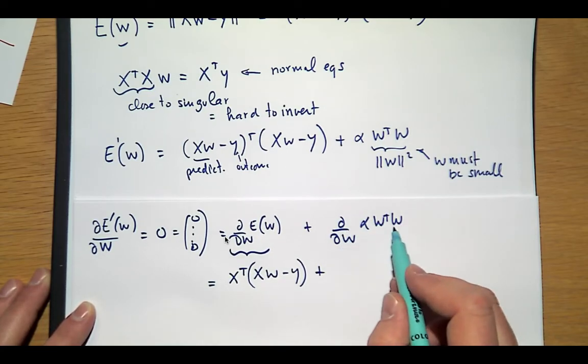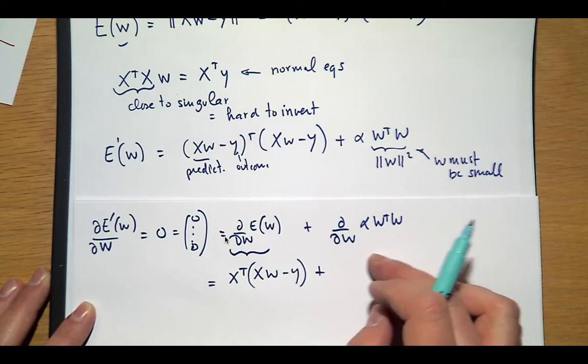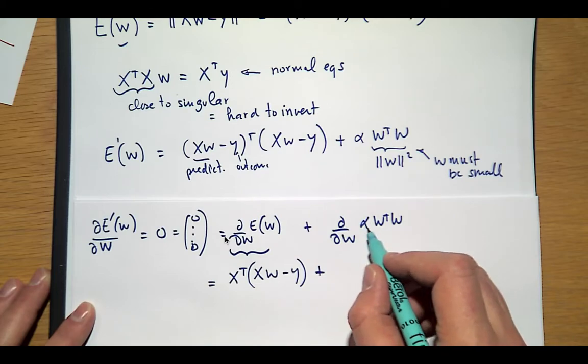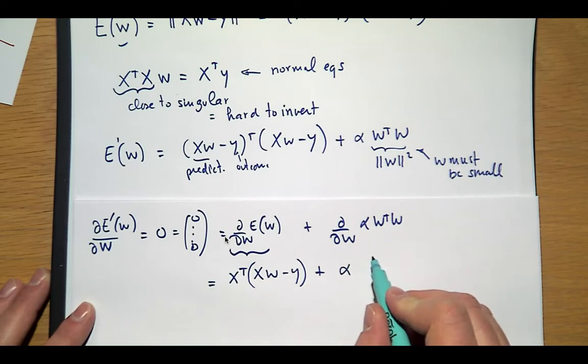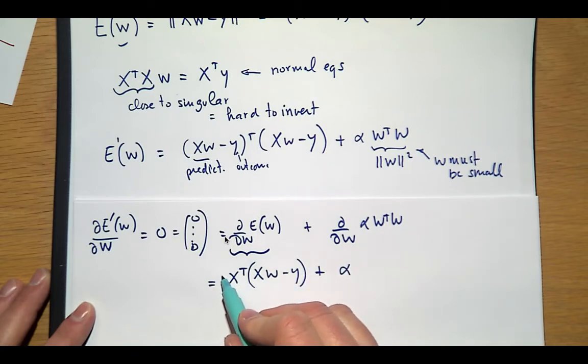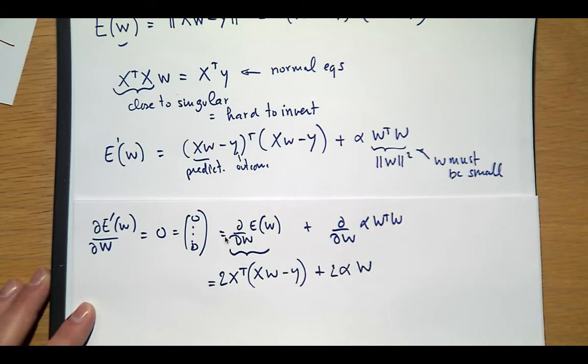And then we have this term here. If you come back to the table I gave you in the first lecture of examples of how you do the gradient in matrix notation, alpha is a constant gain, so that goes unchanged. And then the gradient of W transpose W is 2 times W. Then I can reorganize all that.